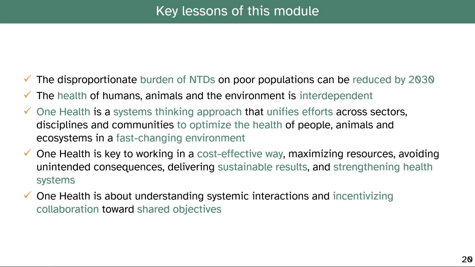One Health is key to working in a cost-effective way, maximizing resources, avoiding unintended consequences, delivering sustainable results, and strengthening health systems. One Health is about understanding systemic interventions and incentivizing collaboration towards shared objectives.